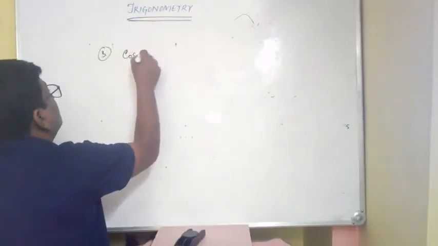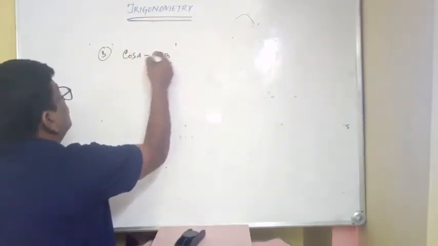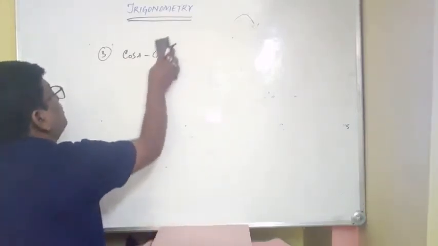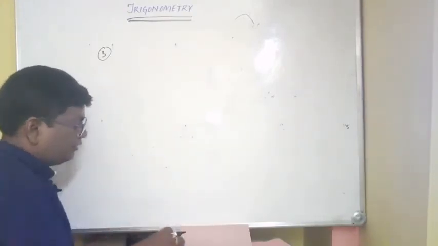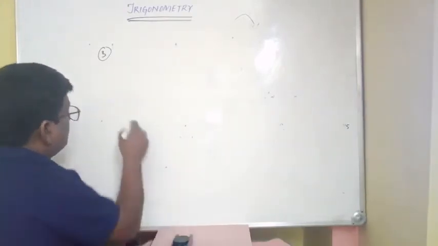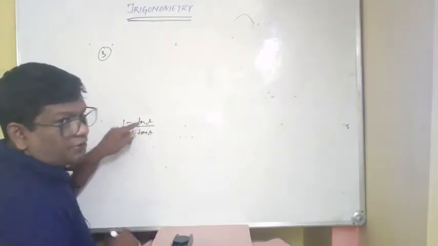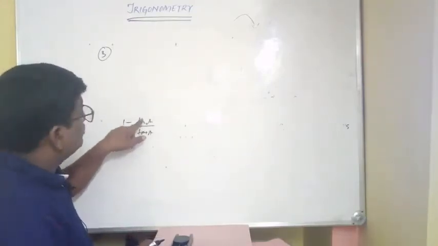Cos A minus sin A divided by cos A plus sin A. Suppose this is (1 minus tan A) by (1 plus tan A), the formula I discussed here. So suppose we write tan A, tan A means sin by cos.